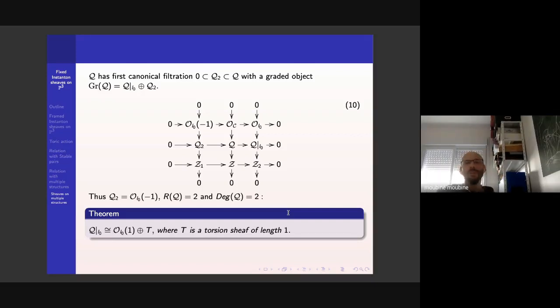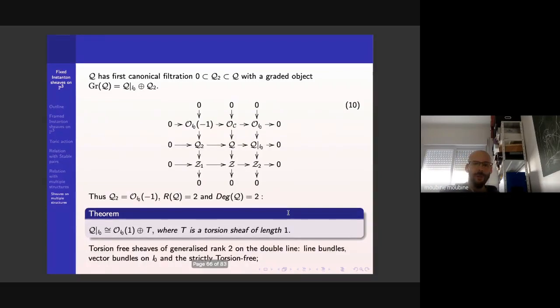So here I'm using this filtration to give some more characterization of our rank 0 instanton sheaves. You can view them as S-equivalent if there are families. Okay, it's not that precise, but something like this.